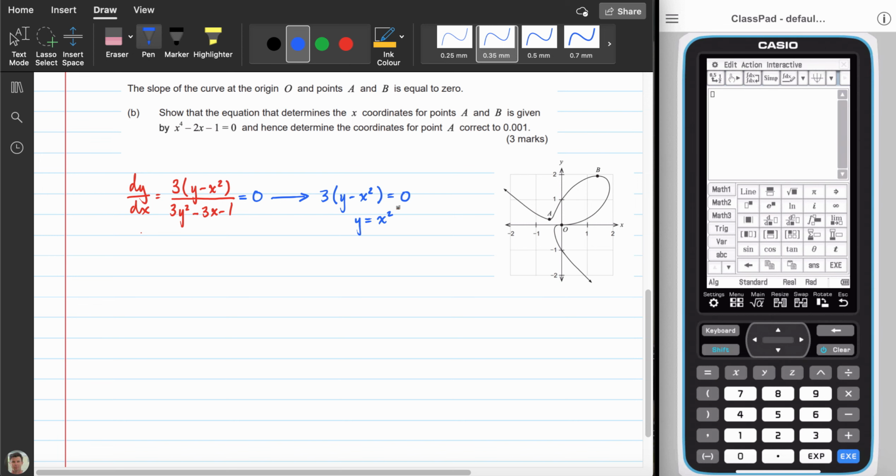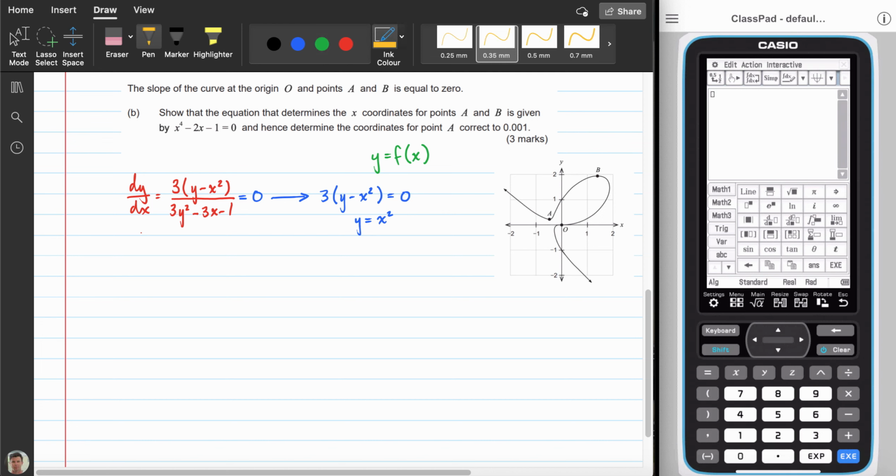So now that we have this function, we can substitute this relationship between y and x squared. Remember how we were being reminded that y was a function of x? So now we know what function of x defines these points or links the points A and B. To find the x coordinates for points A and B, we have to substitute the function which defines y in terms of x.